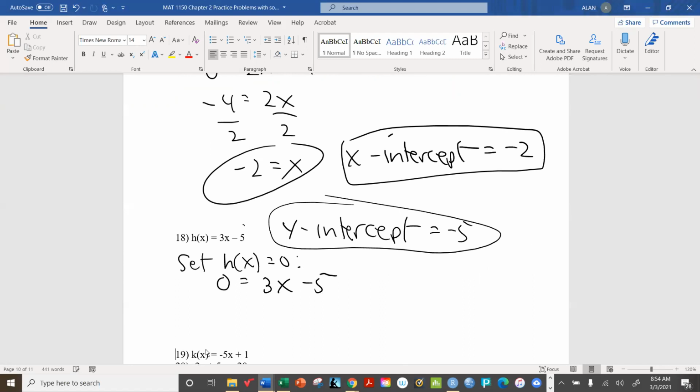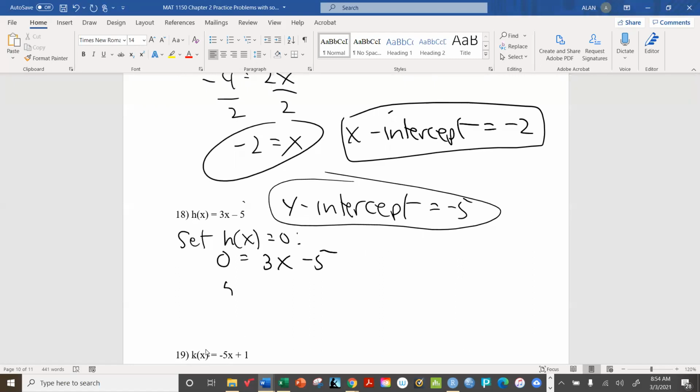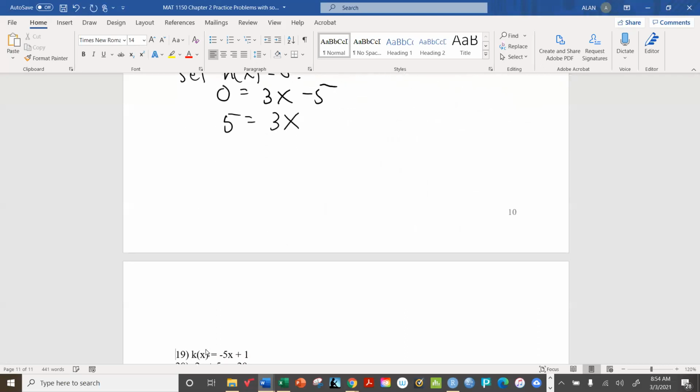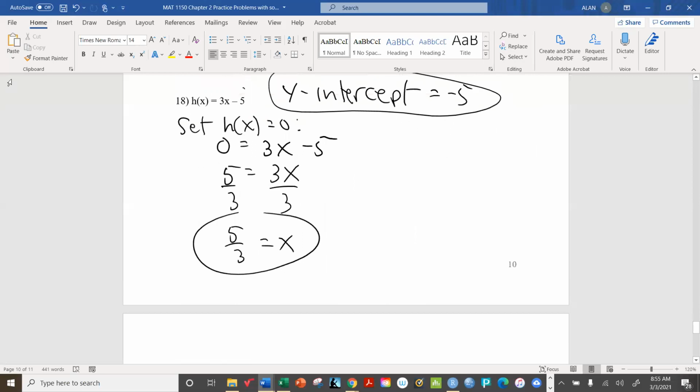Add 5 to both sides. And then we divide out the 3. Okay, and so therefore our x-intercept is 5/3.